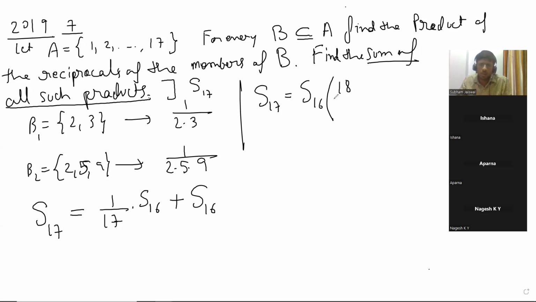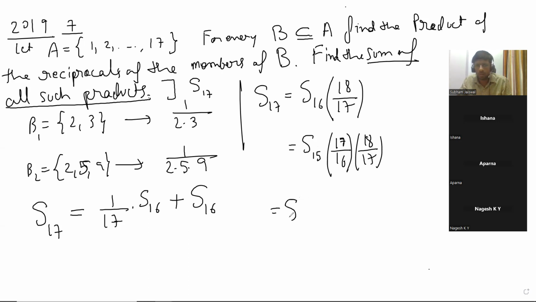So it's 18 by 17. And now you can find the answer, right? Then it will be S15 times 17 by 16 and 18 by 17, right? And then you know how this will go, all the way to S1.